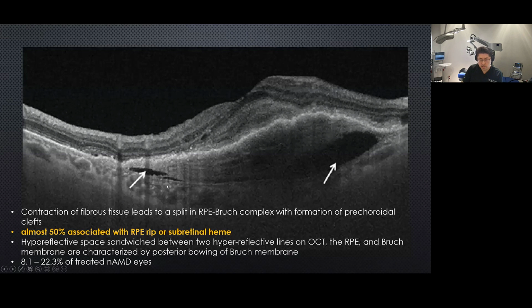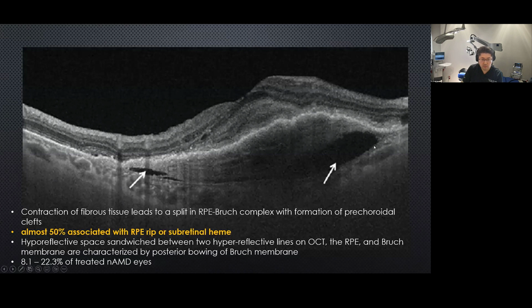The significance of this is that in order to create these clefts, there must be some sort of contraction or fibrosis in this macular membrane. And this contraction causes little focal detachments of your choroidal neovascular membrane, or RPE, and underlying Bruch's membrane.